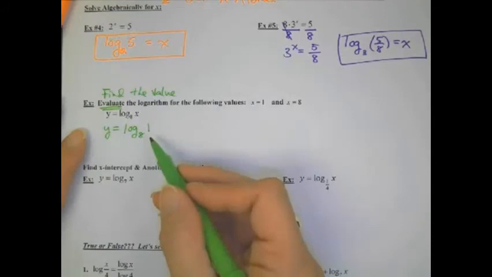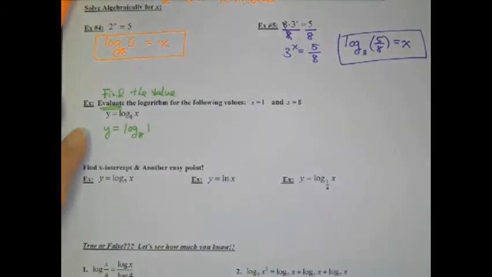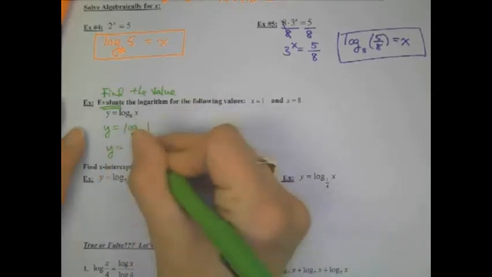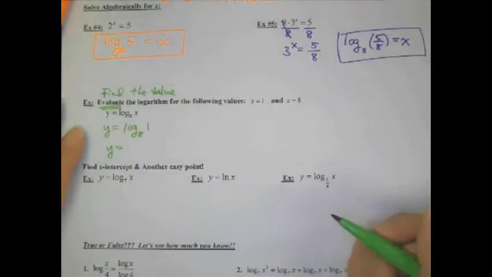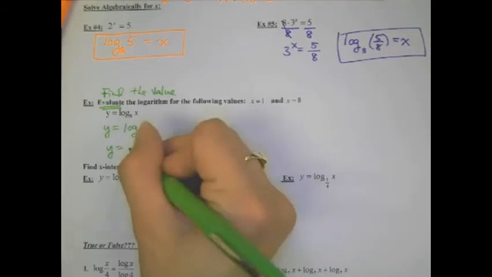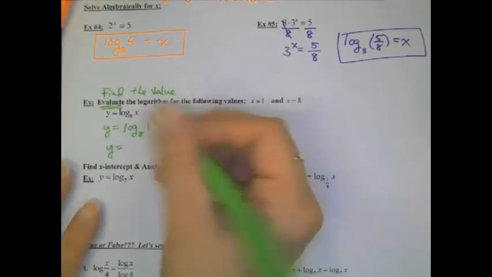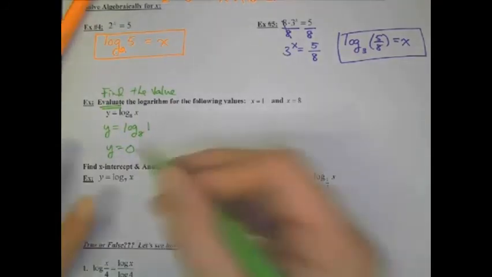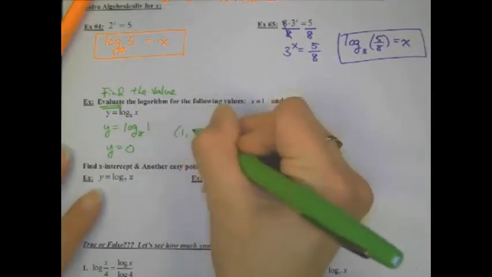Go back and look at your rules, particularly rule number 2, and tell me what log of 1 in any base is going to make. That's right, it's going to make 0. So that makes the point 1, 0.